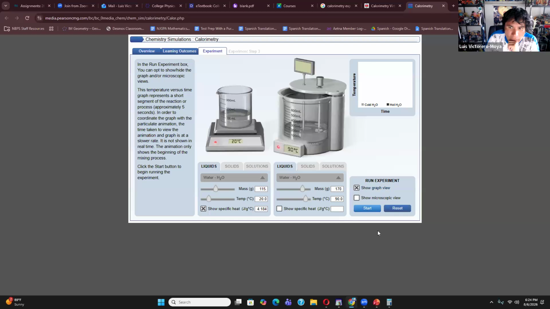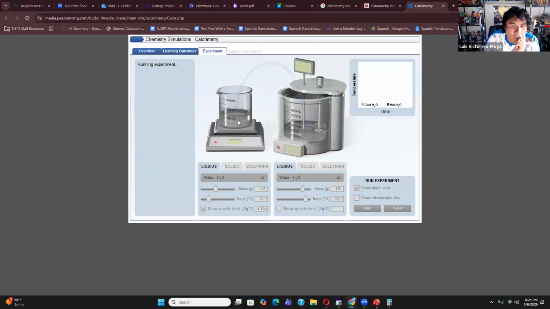So you're transferring the cold water here, you close it and then you see the temperature change. So what's happening right now is that the cold water that was here was mixed with the hot water. You close the calorimeter and they are slowly reaching what we know as the temperature of equilibrium.